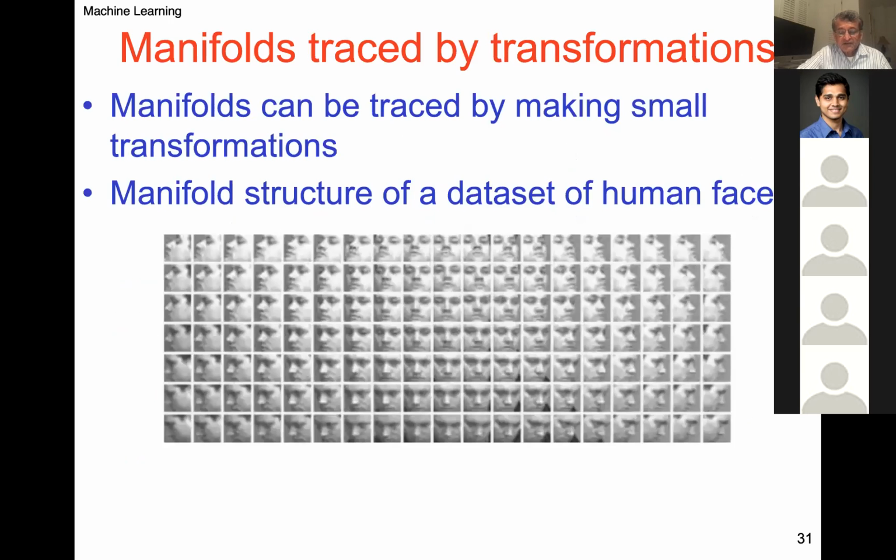These rotated versions can be thought of as creating a manifold in the input space. And manifolds can be traced by making small transformations. For example, here is the face of somebody, and the face is being rotated from left to right as you go from left to right here.